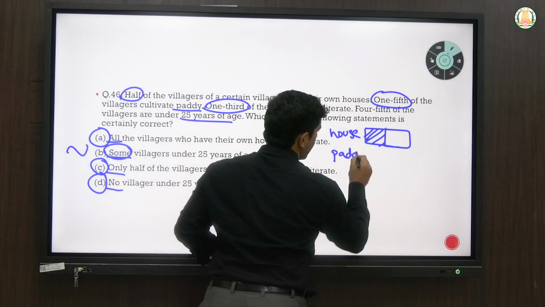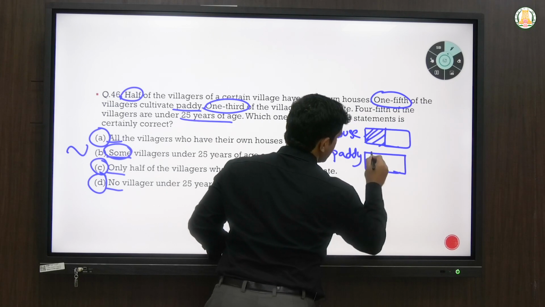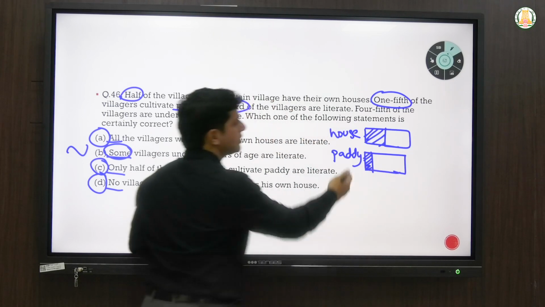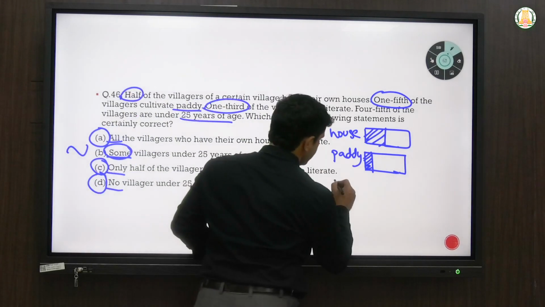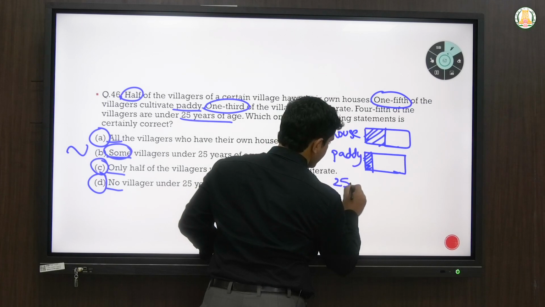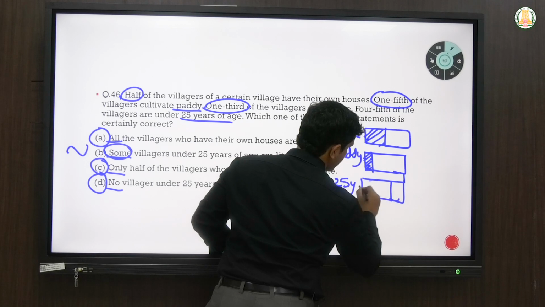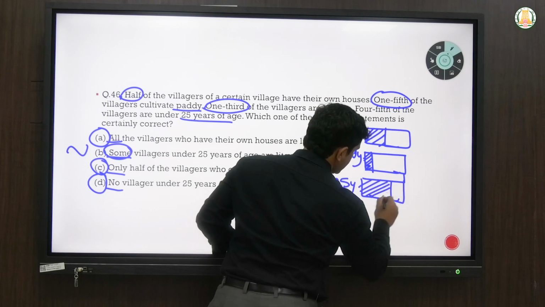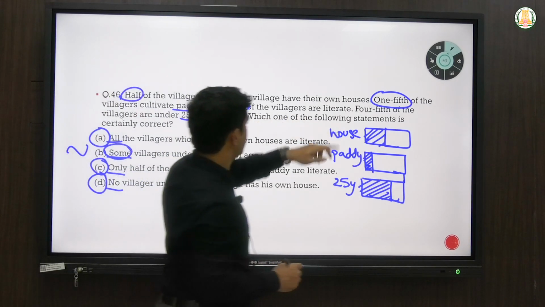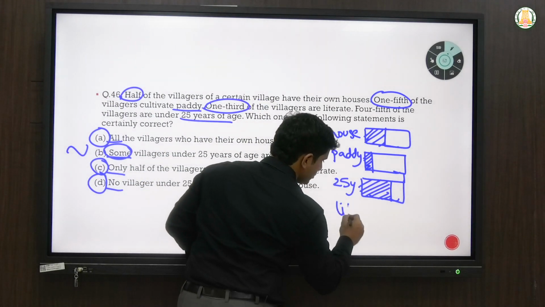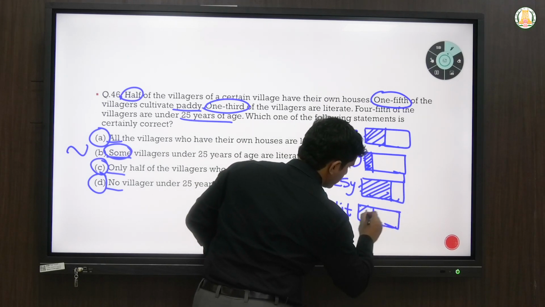So within the same village, only 1/5 of them cultivate paddy, the rest of them cultivate some other crops. 4/5 of the villagers are under 25 years of age, so almost 80% is under 25 years of age, and 1/3 of the villagers are literate. Almost 1/3 are literate.